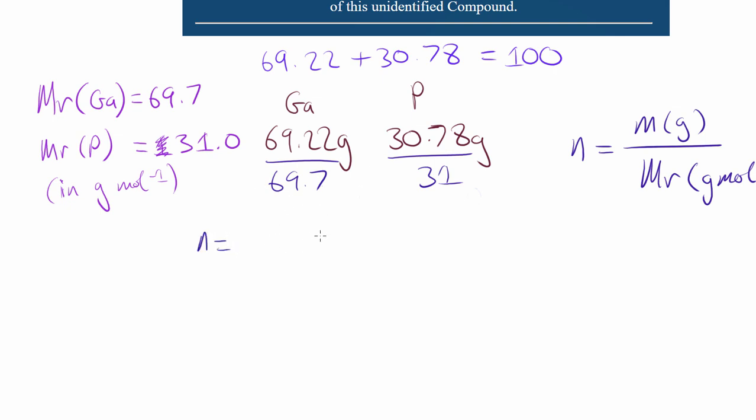For gallium, you're going to get 0.99311, and that is going to be in a ratio to phosphorus, which is going to be 0.99290.